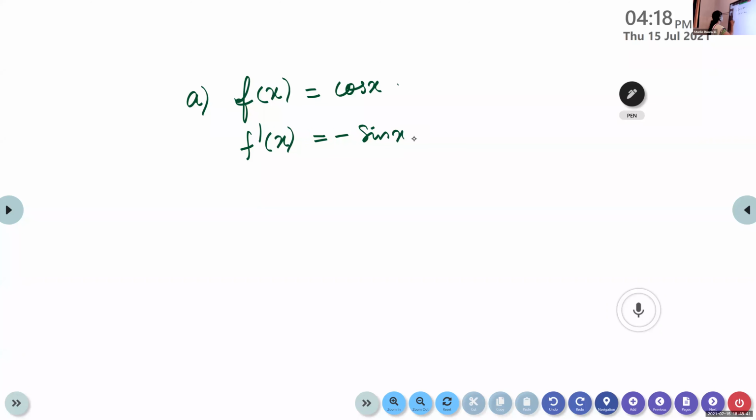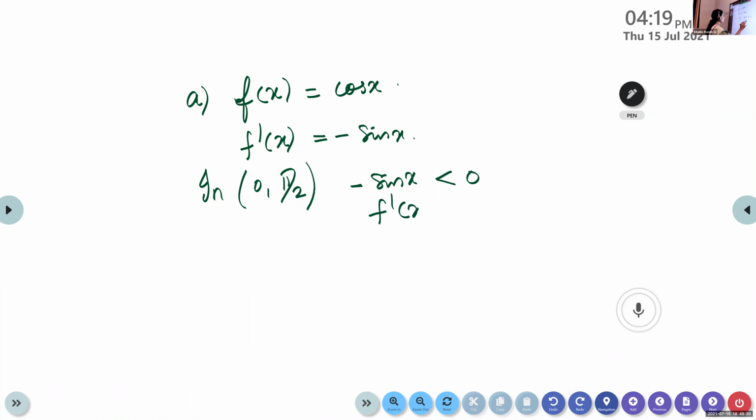Okay, now the interval is given. In the interval 0 to pi by 2, that means in the first quadrant, sin x is positive. So here f dash of x is minus sin x, which will be negative.